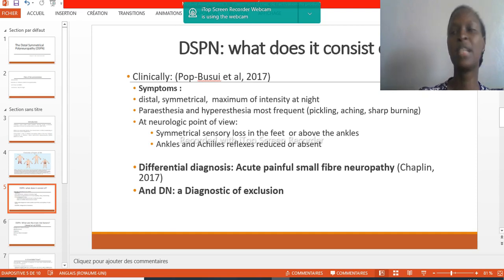And please, let's keep in mind that the diagnosis of diabetic neuropathy is a diagnosis of exclusion. And the differential diagnosis for this condition of DSPN is acute painful small fiber neuropathy.